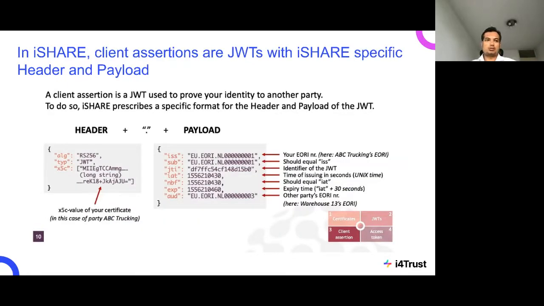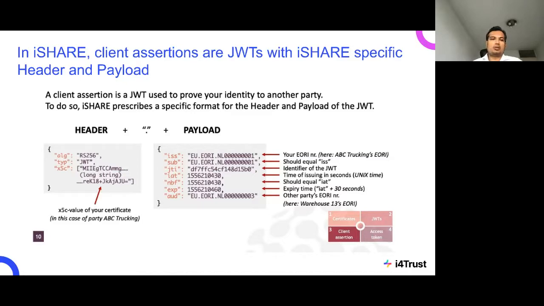So moving into the iShare client session, as I mentioned, we rely on JWT, and we have defined specific attributes that define the client session, and that forms your identity. So in the header, we require that you have at least the algorithm, the type, and the X5C values. X5C, remember, is your public key certificate.